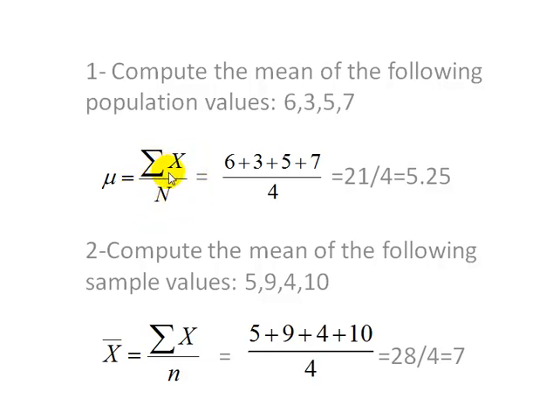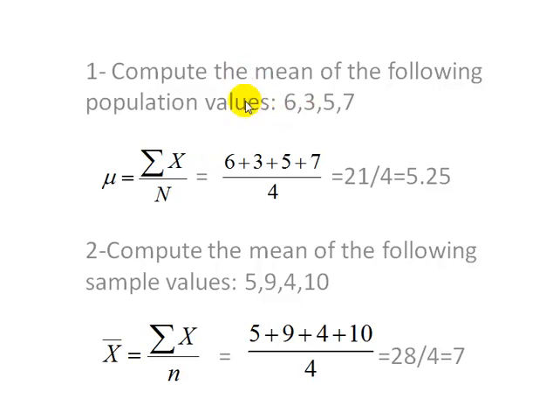So what does the sigma mean? Sigma here indicates the operation of adding. Sigma x means we need to add all the values in the population up, where x represents any particular value in the set of data. The capital letter N means the number of values in the population.